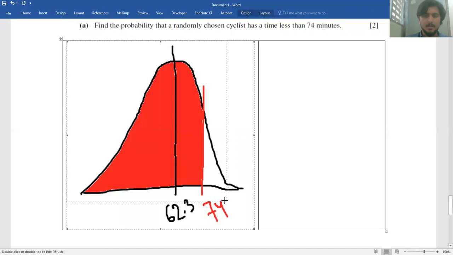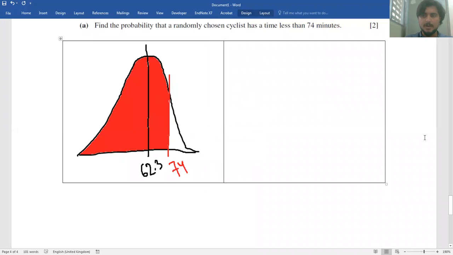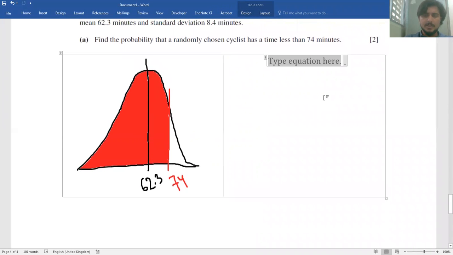Okay. So the first thing that you're supposed to do is find the Z value when X is 74, sorry, 62.3, and this divided by standard deviation, which is 8.4.